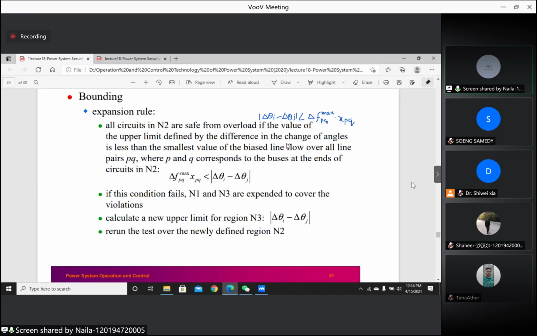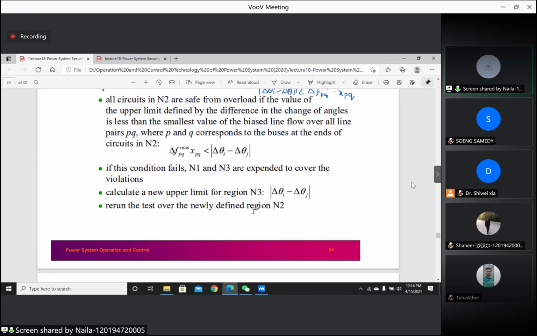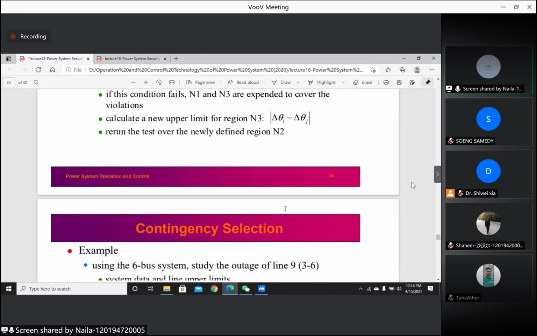If this condition fails, or if it appears in this form, where we have greater than instead of less than, then we apply the expansion rule. In this rule, we have to expand N1 and N3 to cover the violation. Then we move to the second step, which is to calculate the new upper limits for region N3, and we rerun the test over the newly defined region of N2.